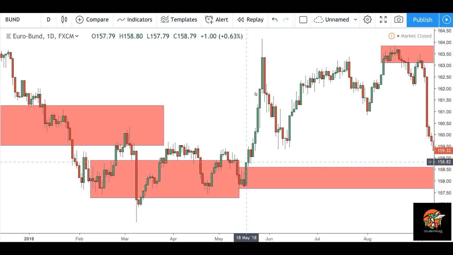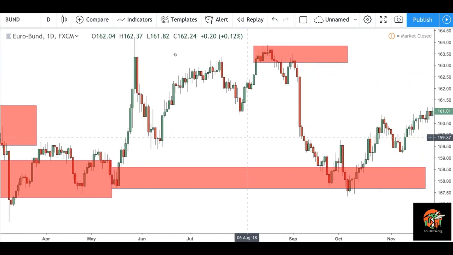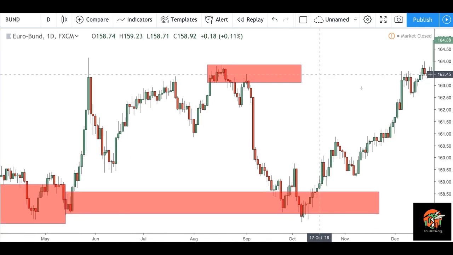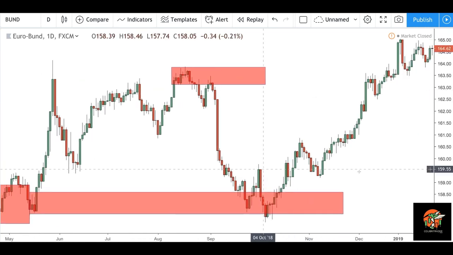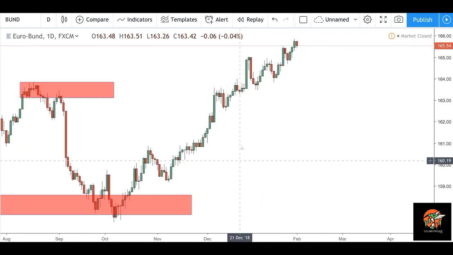Here you have a bullish engulfing pattern which leads to a massive spike in prices, and they go up to almost the level of 165 again. And this brings us back to the previous couple of examples that I've shown you guys.